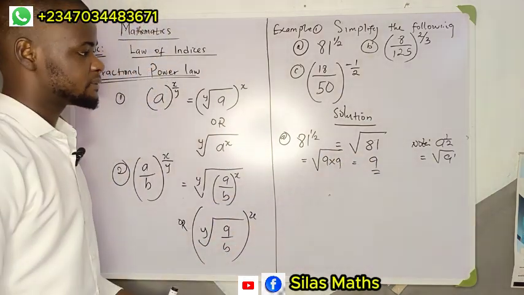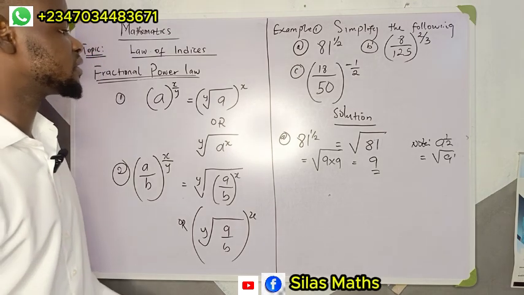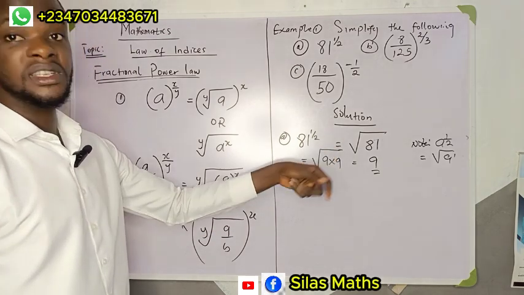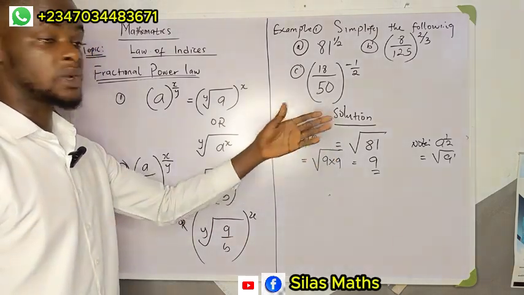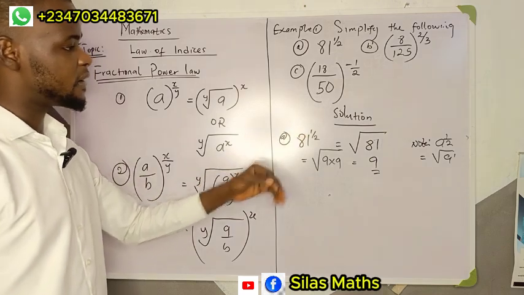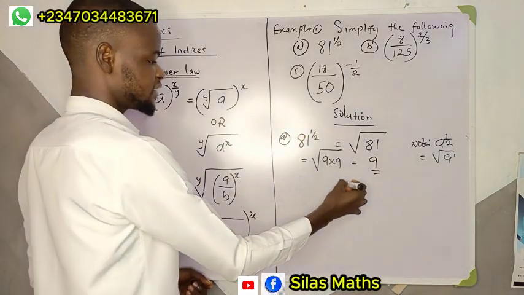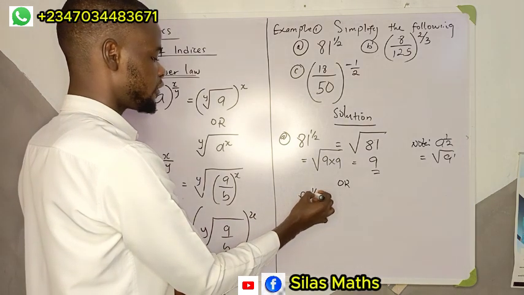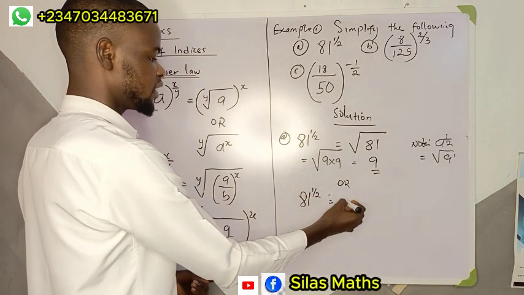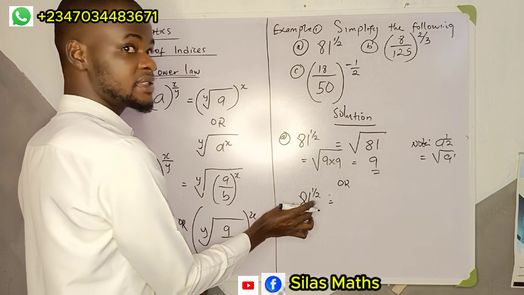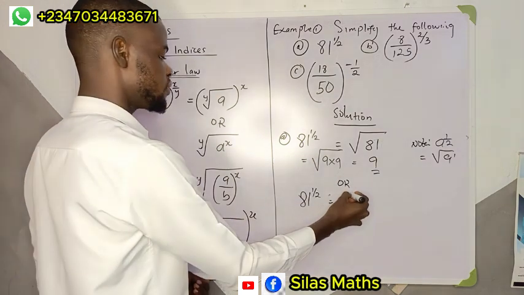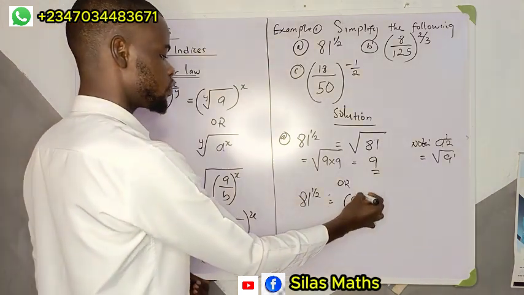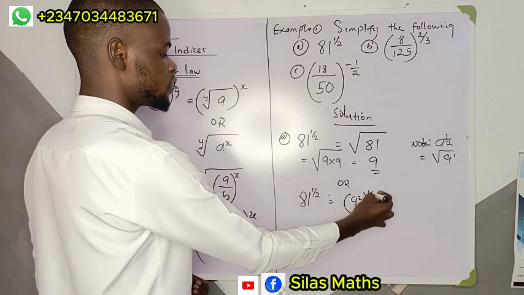If I don't want to use this, I can apply another law, the power to another power law. We can say 81 to the power of half is equal to 9 to the power of 2, into bracket, 1 over 2.